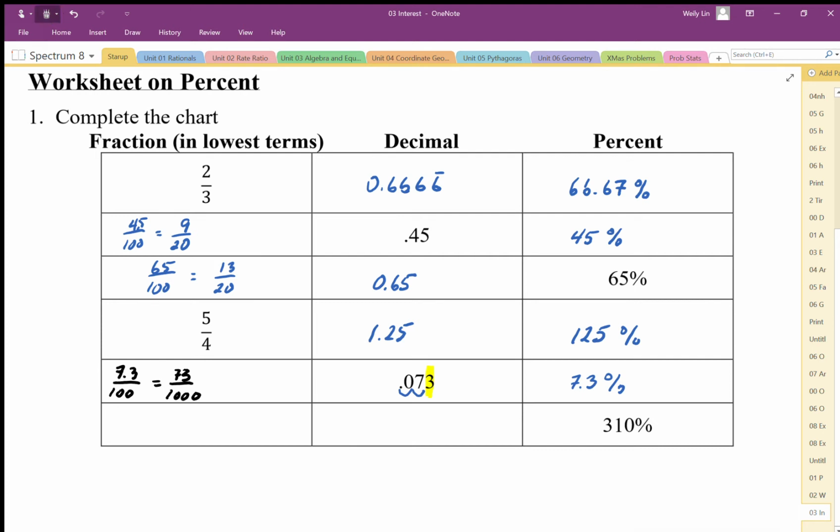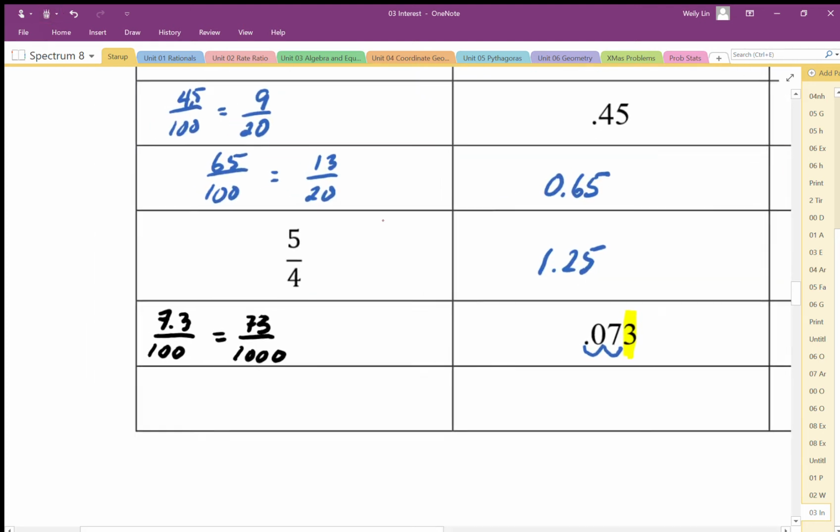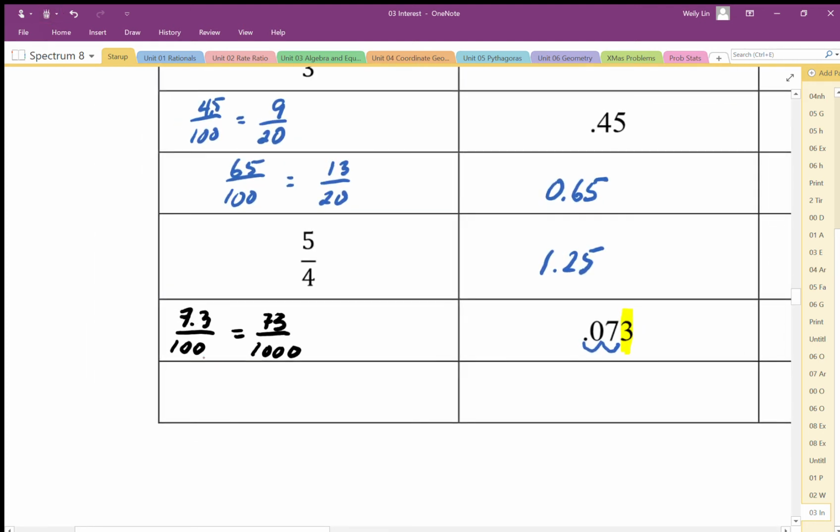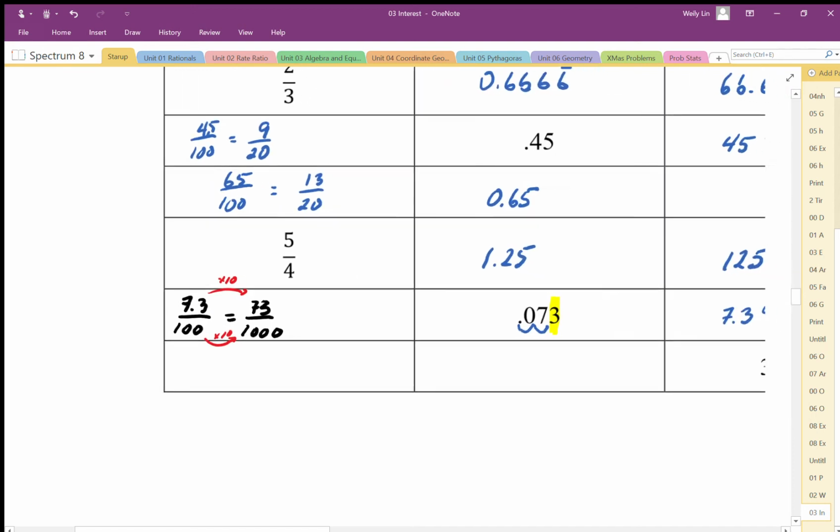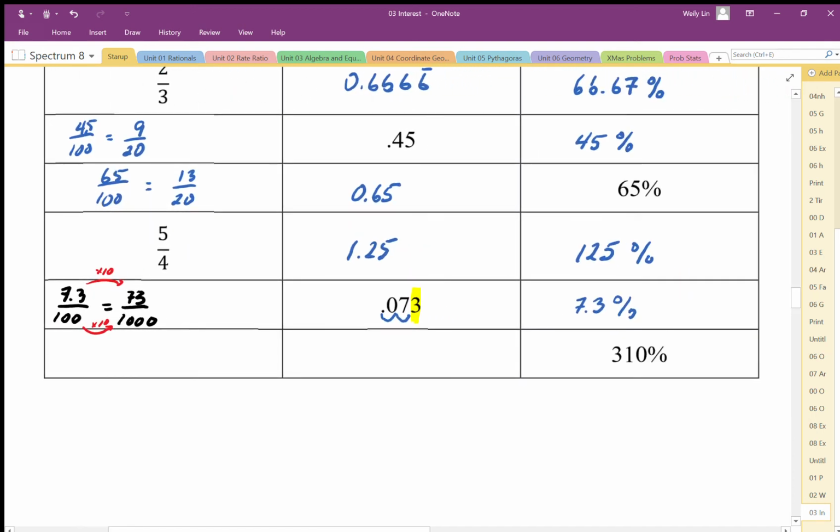The math is actually perfectly fine because we're using a proportion. We're only using times and divide, times 10. So that would be perfectly fine. Now this doesn't reduce because 73 is a prime number.